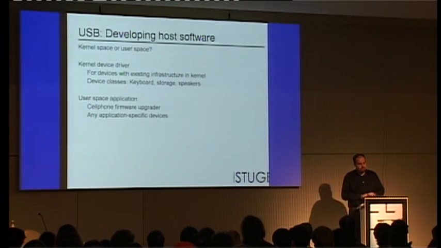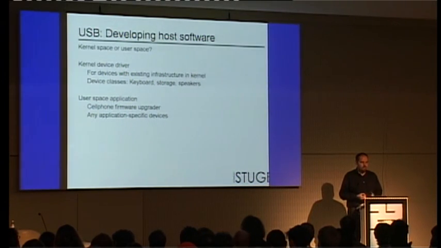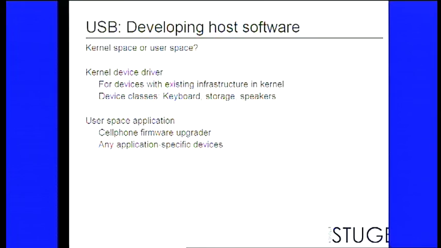The alternative is a user space application. Could be stuff like a cell phone firmware upgrader using DFU, or really any application-specific devices. There's a lot of application-specific devices out there.